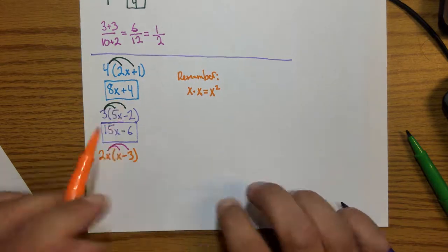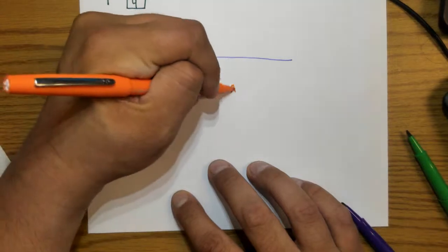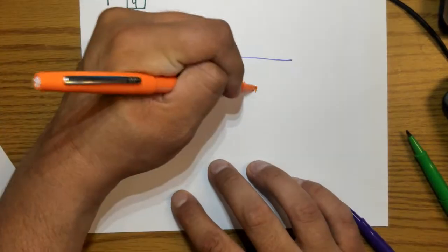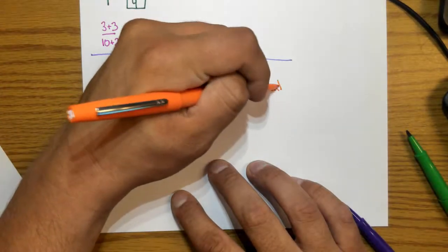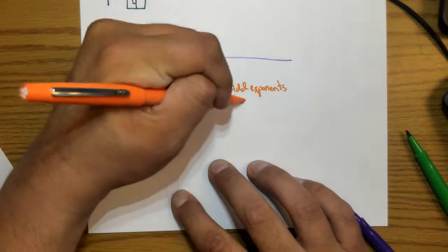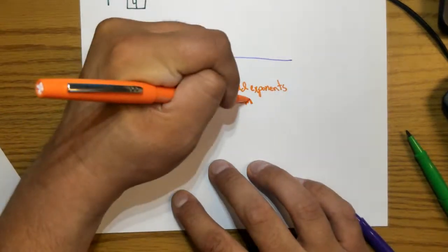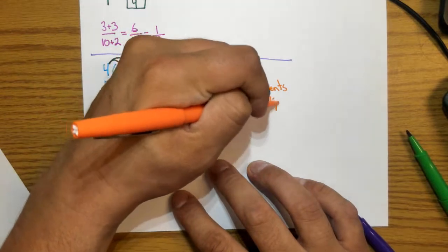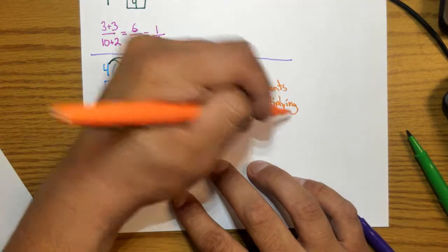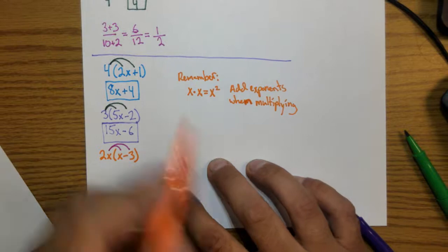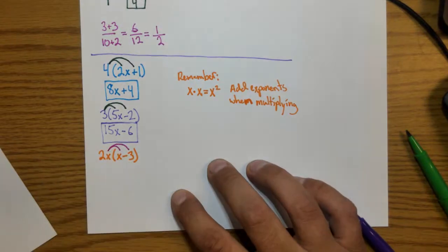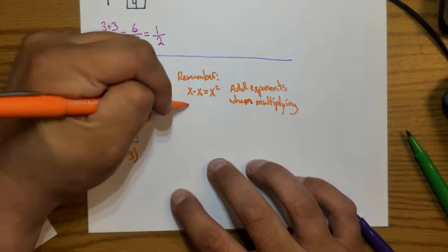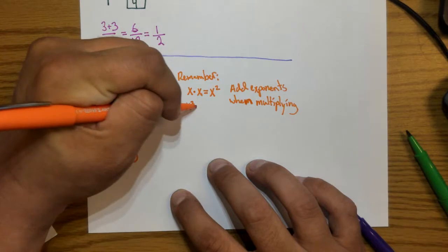So add exponents when multiplying. So x times x is x squared. Let's say I have something like x squared times x.